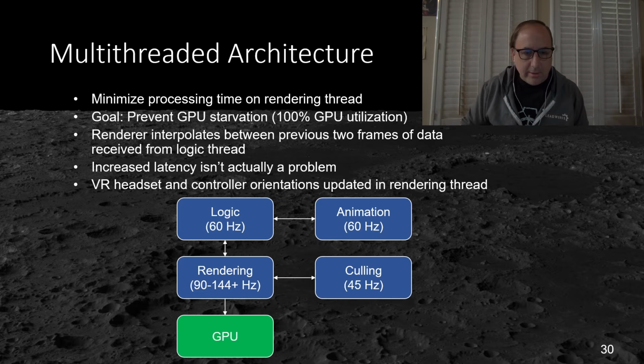So all the VR code lives in the rendering thread, and before the renderer starts rendering a new frame, the very last thing it does is check with the VR headset to retrieve the last known position and orientation of the user's headset, and so that makes it very, very super efficient.